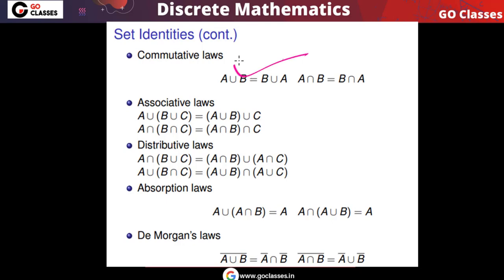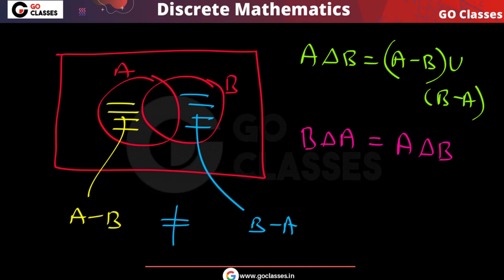So union is commutative, intersection is commutative, symmetric difference is commutative, and you can notice cross product is not commutative.